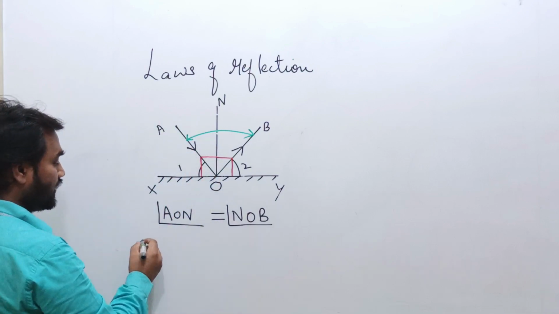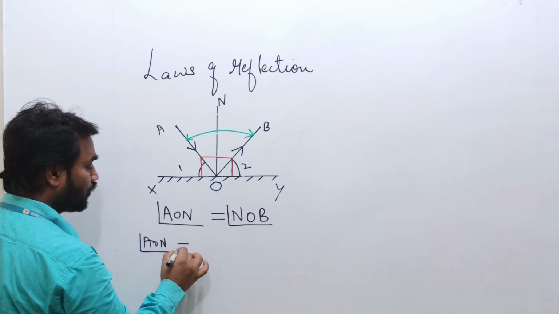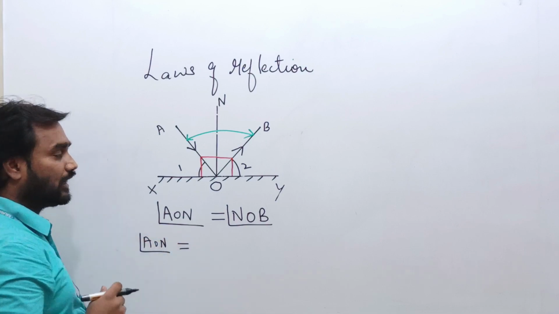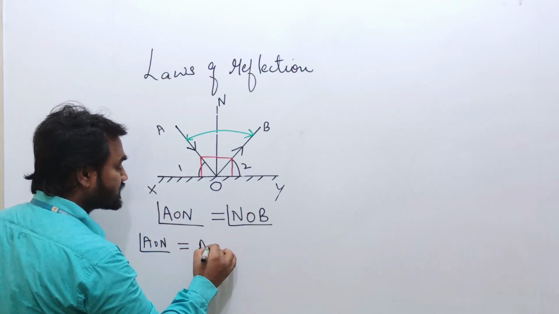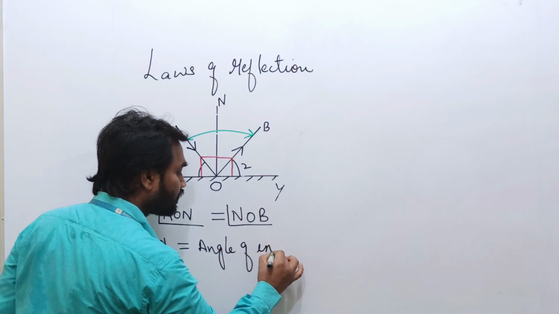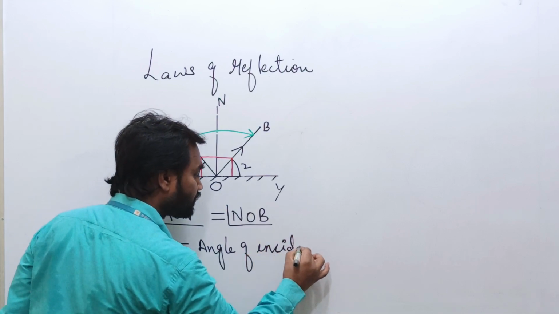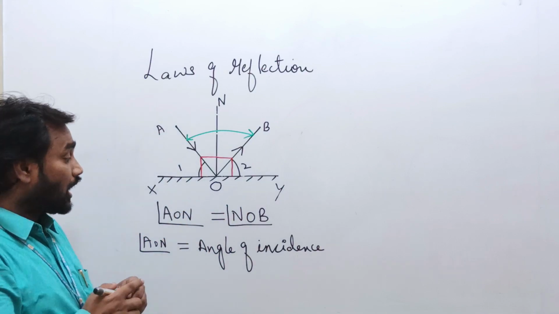Is that clear? So now, what is this angle AON called? Angle AON is called the angle of incidence. How to define this?